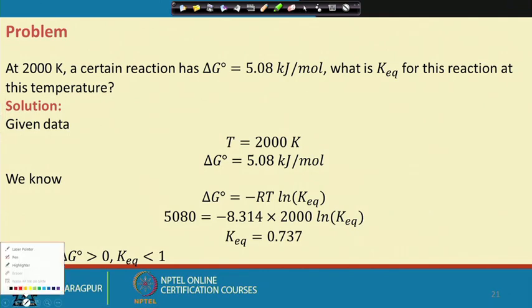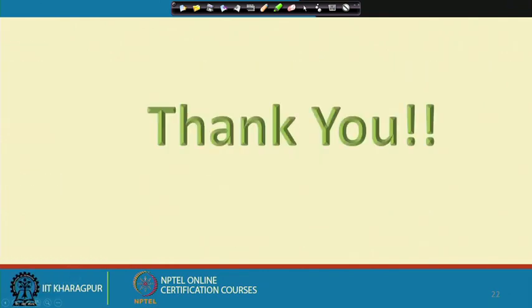In conclusion, I want to point out what we get from reaction thermodynamics. Reaction thermodynamics basically gives us a couple of pieces of information. First, how the entropy influences the nature of the reaction.